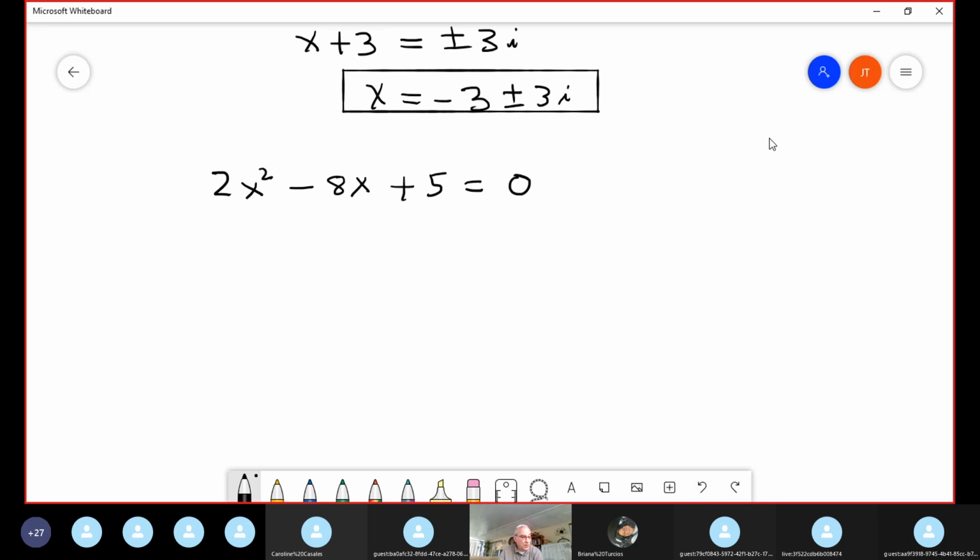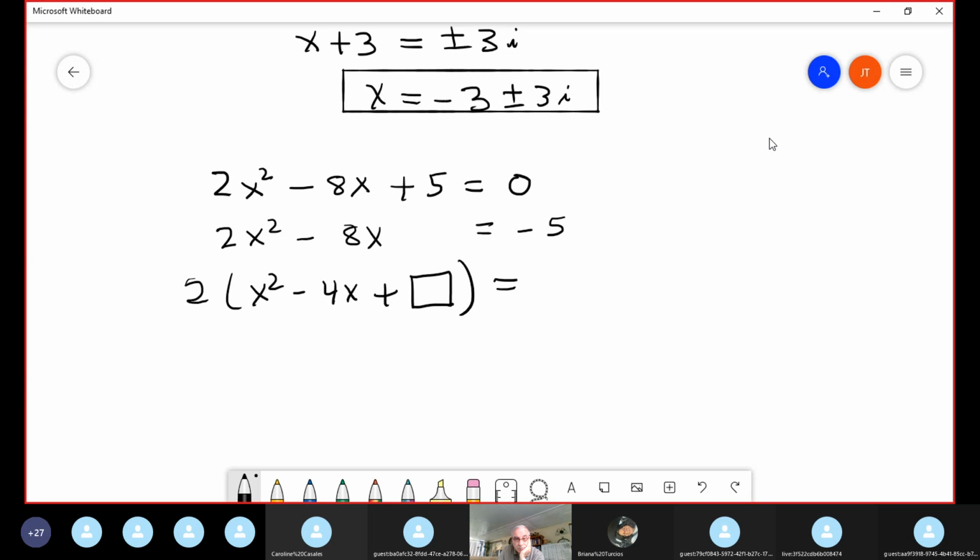So first of all, I move 5 to the other side. Let me go step by step. 2x squared minus 8x equal negative 5. Now this is the moment to write the magic number, but not yet, because I factor out the 2. This is the new detail. You factor out the 2 and you have x squared minus 4x plus a box, equals minus 5 plus a box.